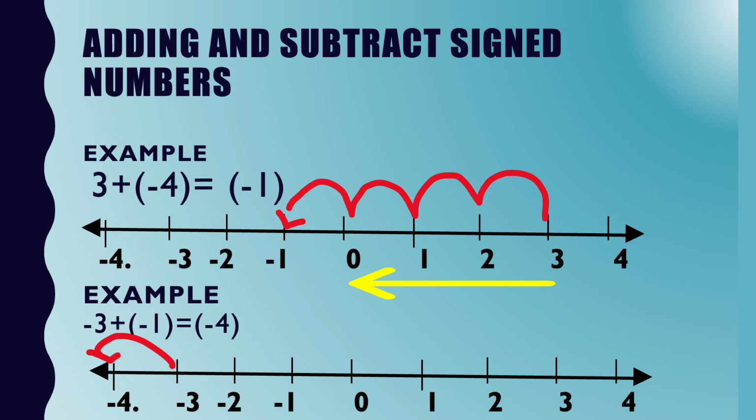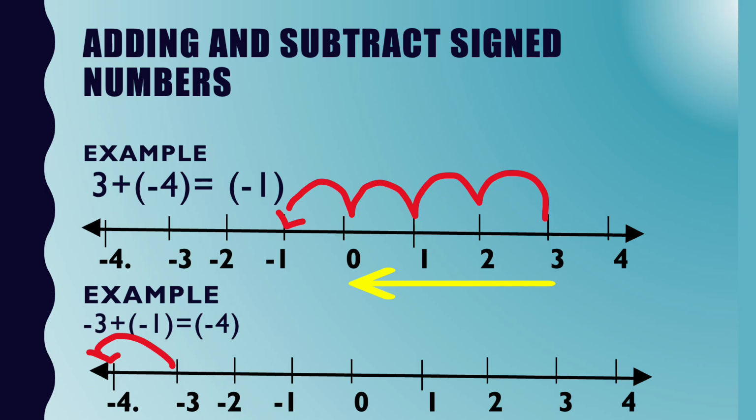Okay, let's start. So this is the number line. I'm going to point to the first number. What is the first number? The first number is +3. So I'm going to find the +3. There you go. This is the +3.